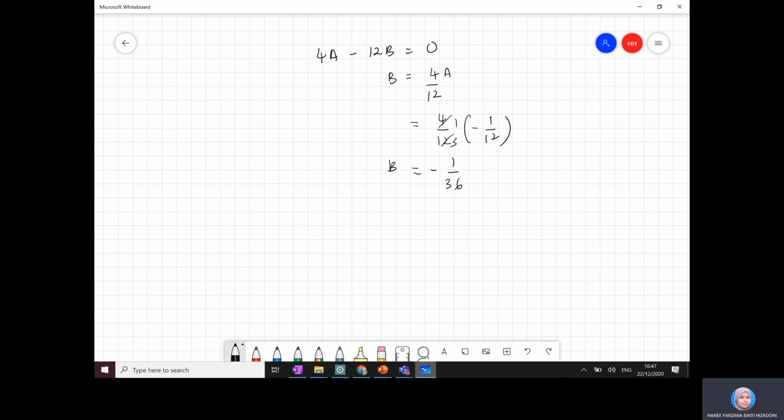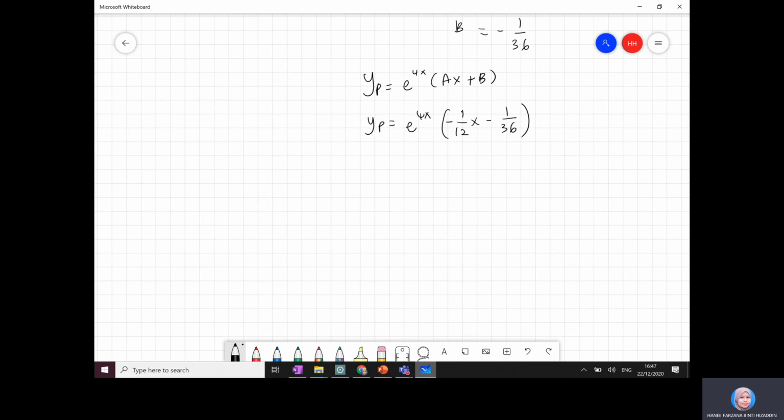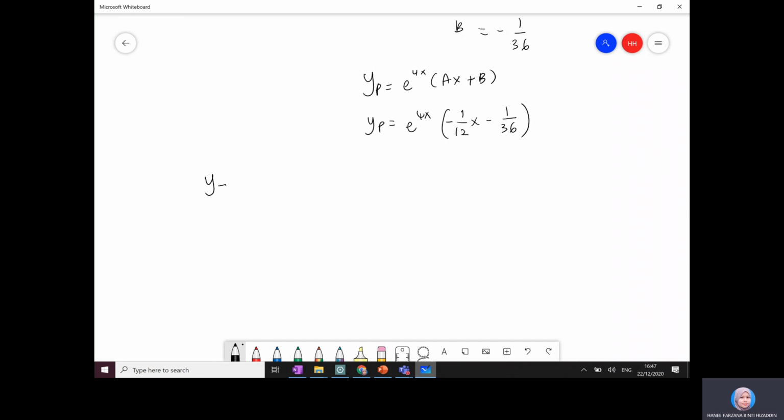Then you can put this value, yp is e^4x times ax plus b, right? So your yp is now e^4x times negative 1 over 12 times x minus 1 over 36. So this is your yp, but not yet done because the total solution is complementary solution plus particular solution, yc plus yp.